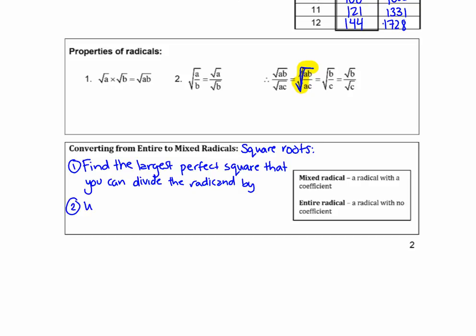Then we write it as a product with that perfect square and whatever number makes the original radicand. And last, we're going to actually root the perfect square. So that's me trying to write it in layman's terms as possible. Root the perfect square.